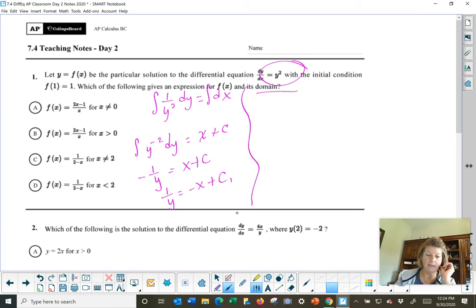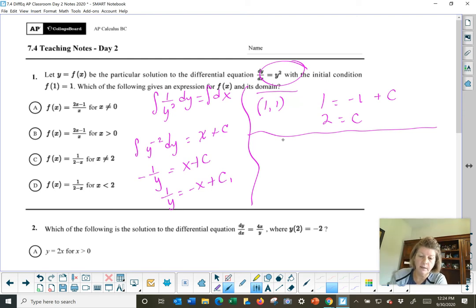To find c, we had 1, 1 as our ordered pair. So I'd end up with 1 on the left, negative 1 on the right, plus our c. Add 1 to the other side, and it looks to me like c is going to be 2. Let's rewrite our equation. We have 1 over y equals negative x plus 2.